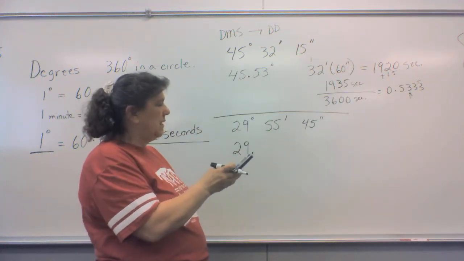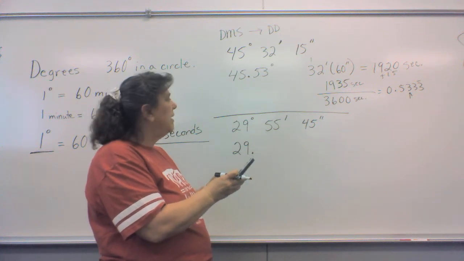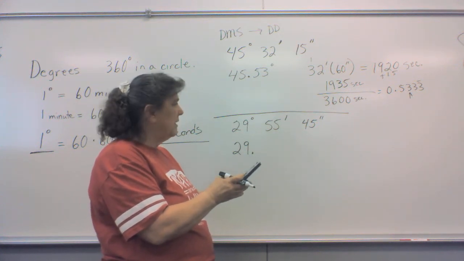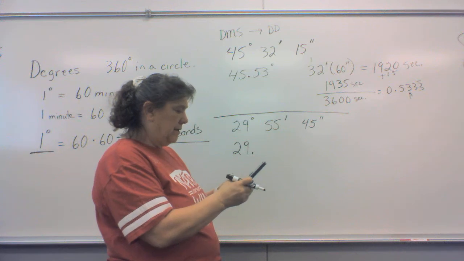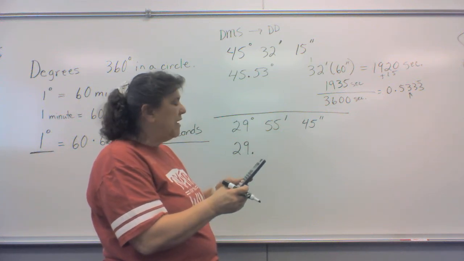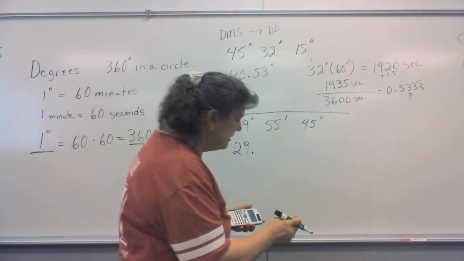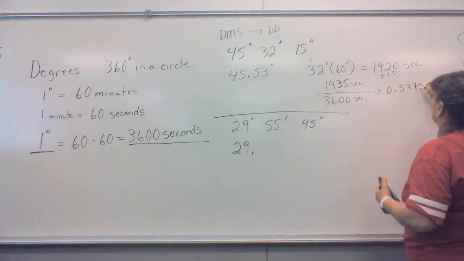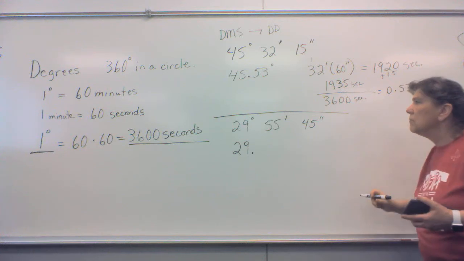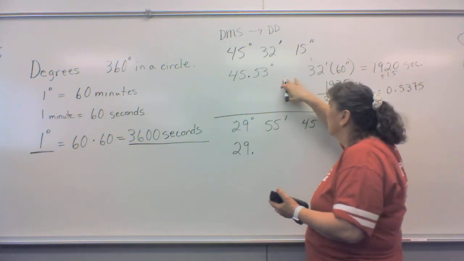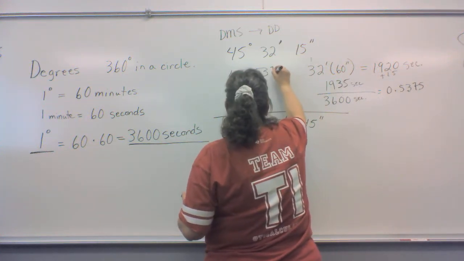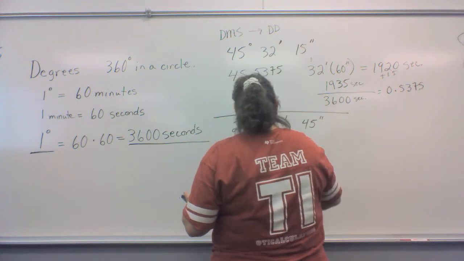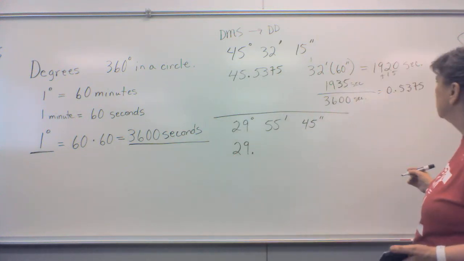Okay, let's see. 1935 divided by 3600 gives you 0.5375. And this one actually does terminate. So I'm going to write the whole thing up here. 0.5375.